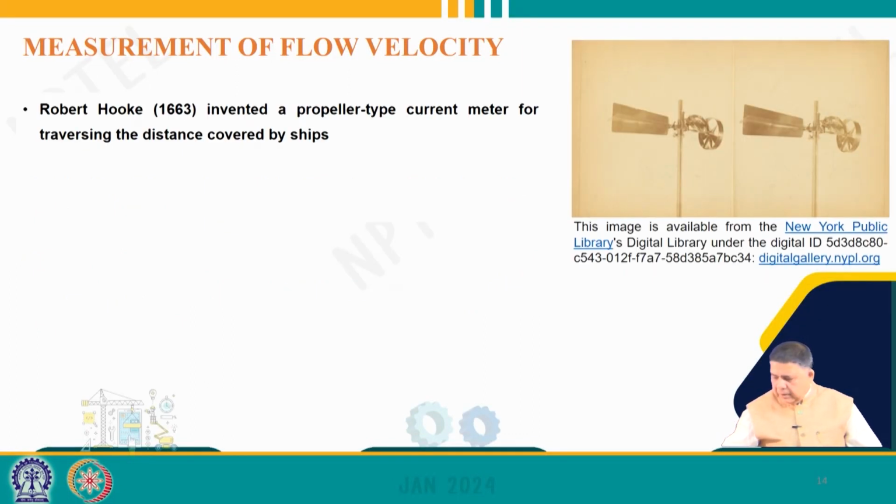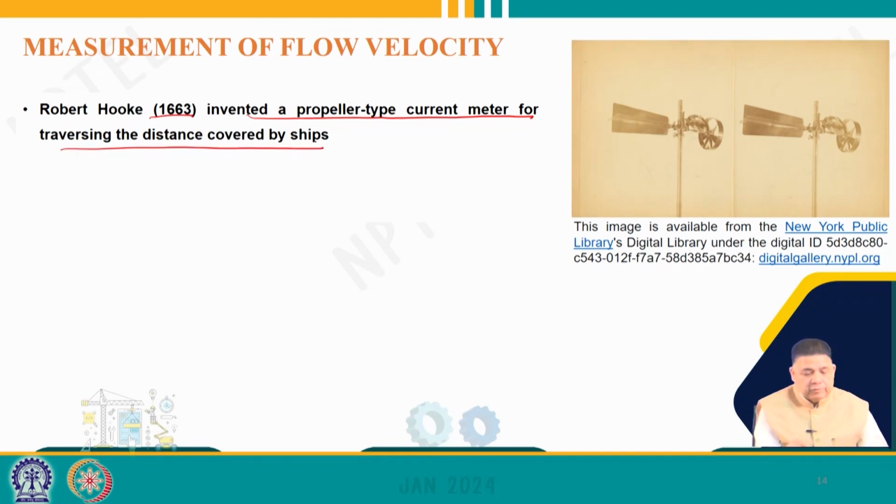Now, Robert Hooke in 1663 invented a propeller type current meter for traversing the distance covered by ships. So, the first current meter was developed way back in 1663, that means almost 450 or 460 years back.